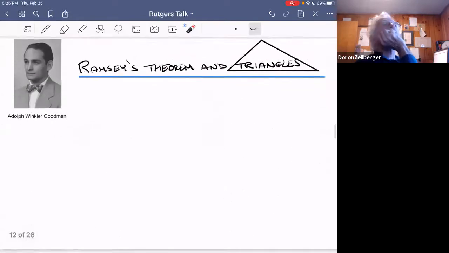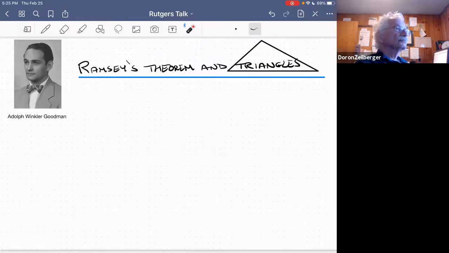Now, what we need is a result due to Goodman about how many monochromatic triangles are there. So Ramsey's theorem tells us that I have a guarantee for a triangle. Goodman's result tells me, well, actually, you have a whole lot of them.